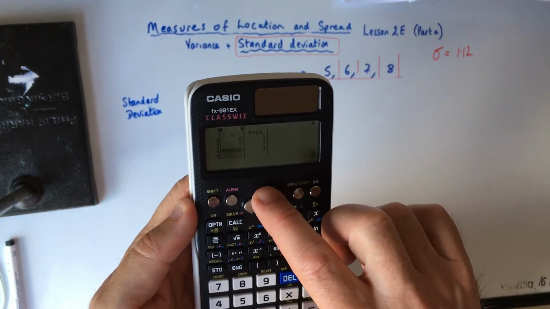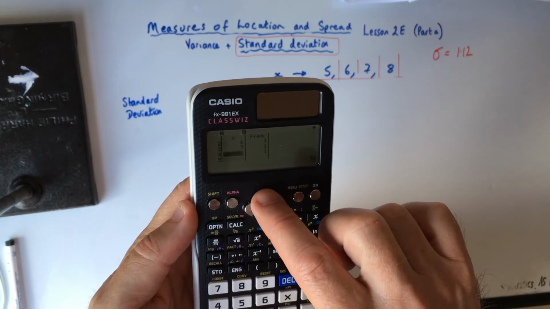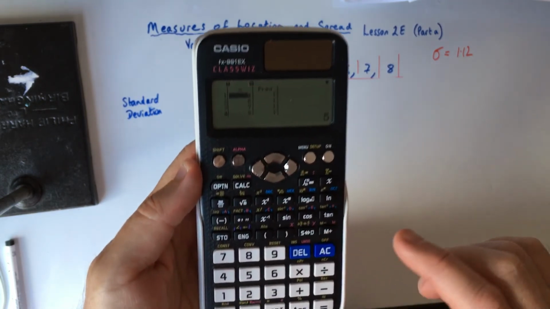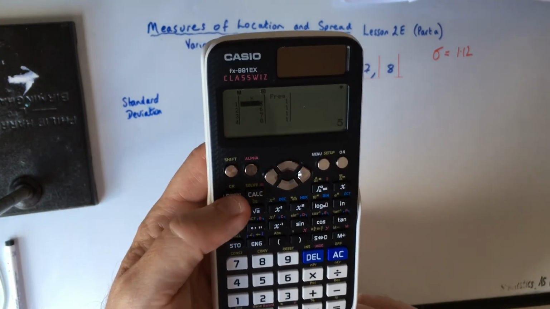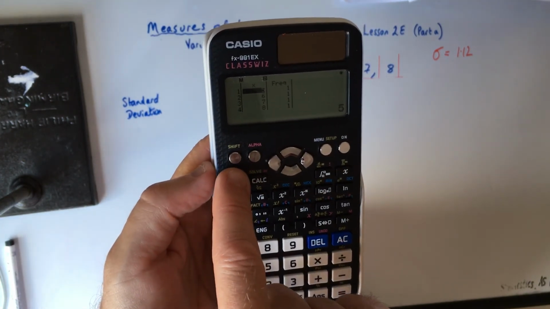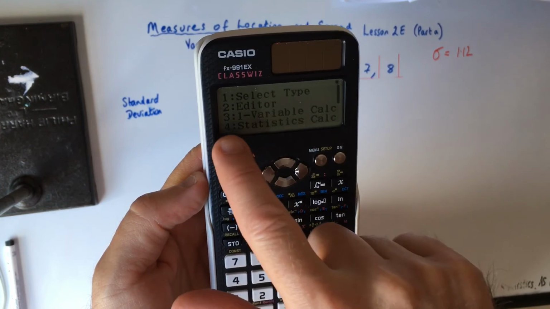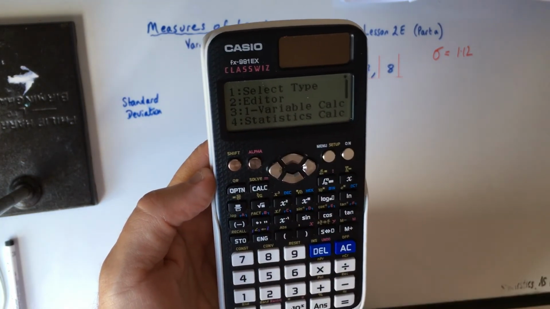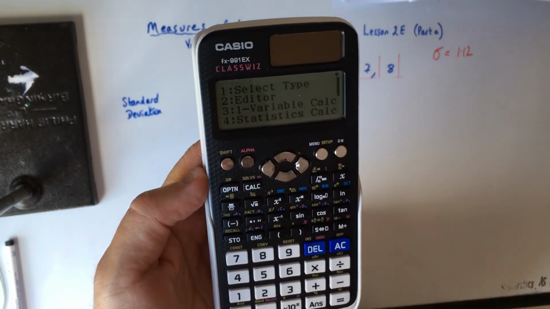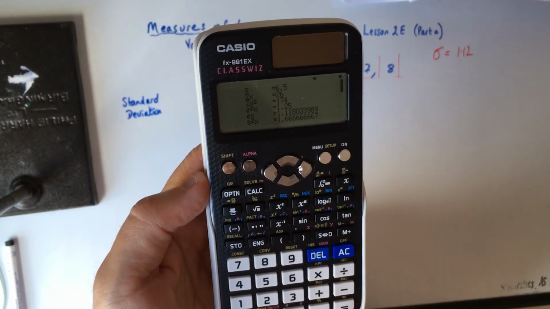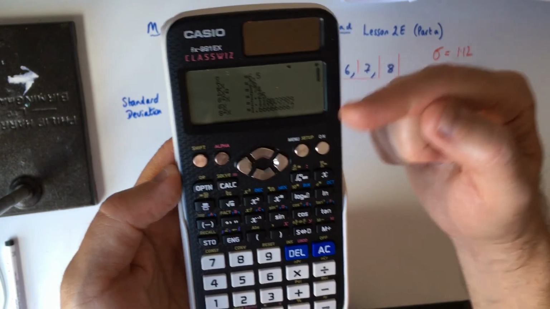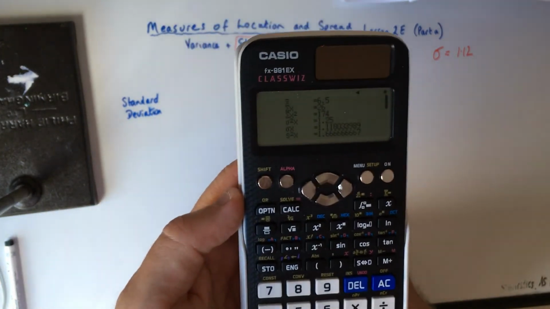I've put those numbers in now. If I scroll back up, you can see I've put in 5, 6, 7 and 8. Those are my 4 bits of data. And all I do now is press the options button, and one variable calculations. That's what I want, the one variable calculations. You press 3, and it gives you all that summary data.